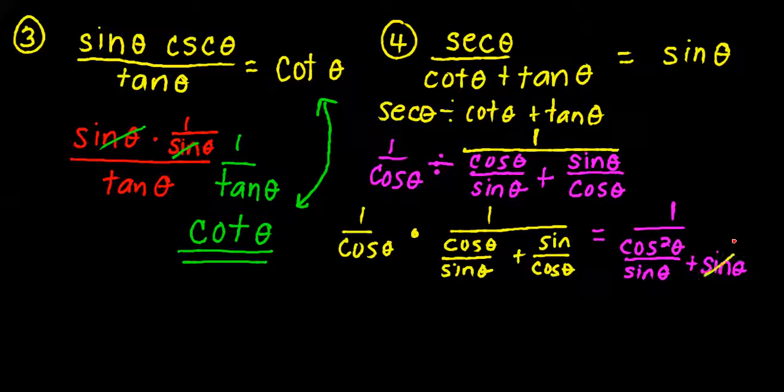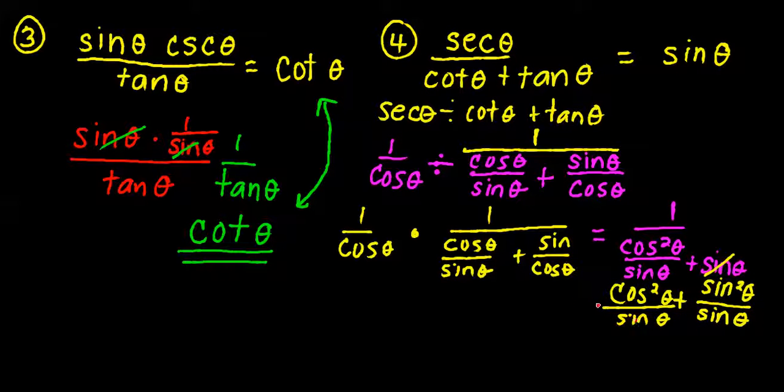So what I'm doing is turning this into sine squared over sine. Together, cosine squared over sine. So now I've created a situation where I have a common denominator.